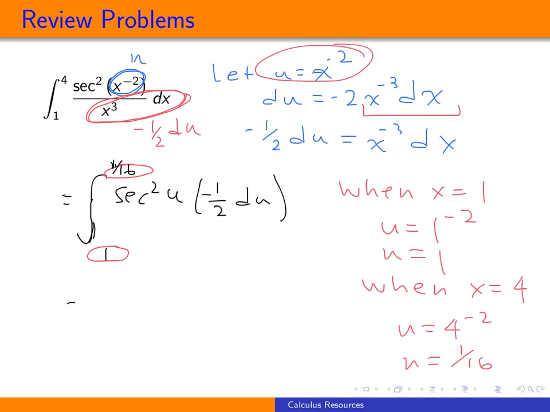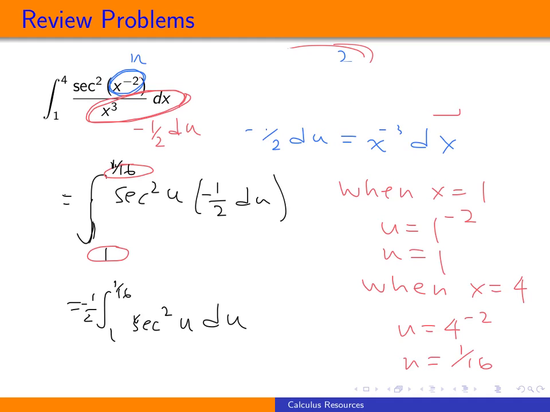So here we have that this is equal to the integral. That negative 1/2 is just a constant coefficient, we can pull it outside the integral, from 1 to 1/16 of secant squared u du. So now we have something that we can easily integrate, because now I do recognize the antiderivative of secant squared of u.